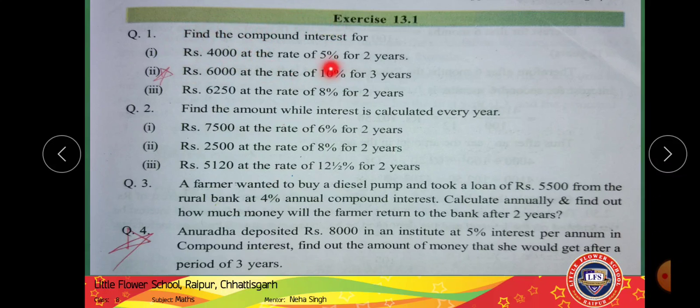Rate of interest, here it is given 5%. At this 5% interest will be calculated, right? And the time given is 2 years. For what duration has the amount been given? For 2 years. Okay.